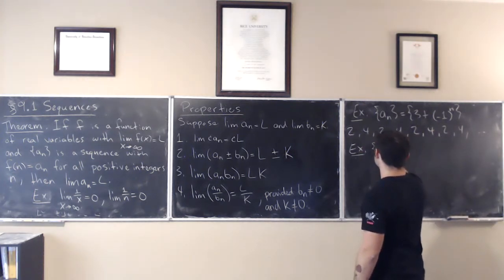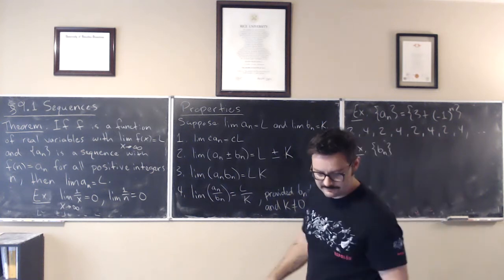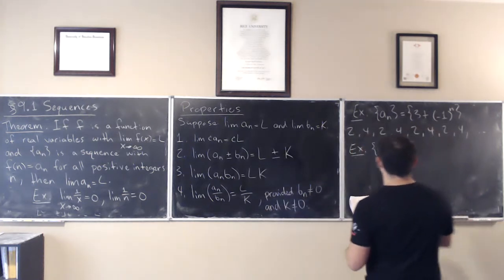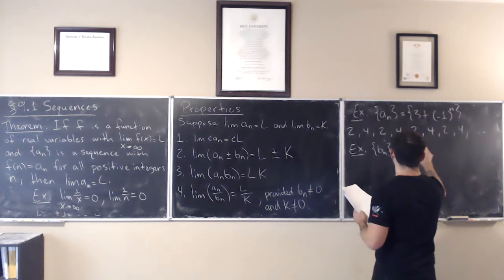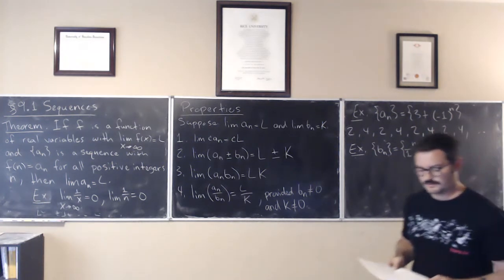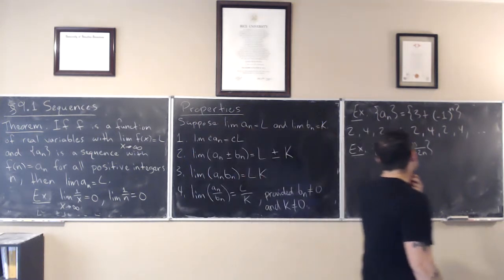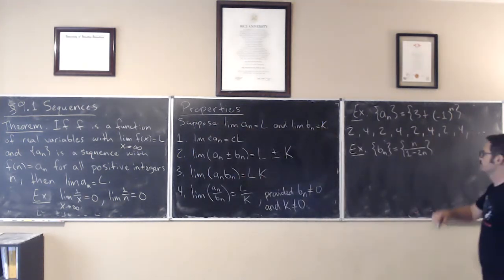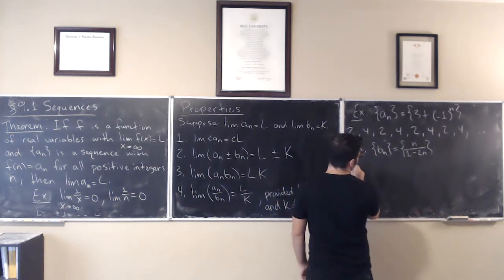What about b sub n equal to maybe n over 1 minus 2n? Okay. So now, if we look at the terms of this sequence, oh, this is the one we looked at the very beginning.